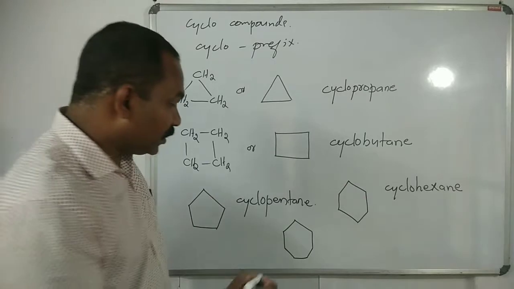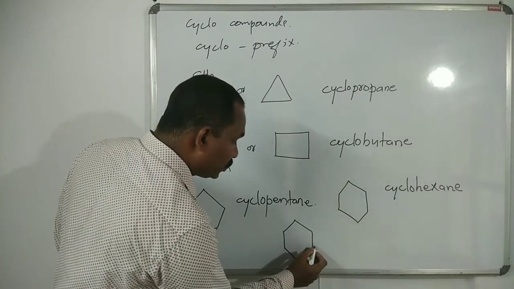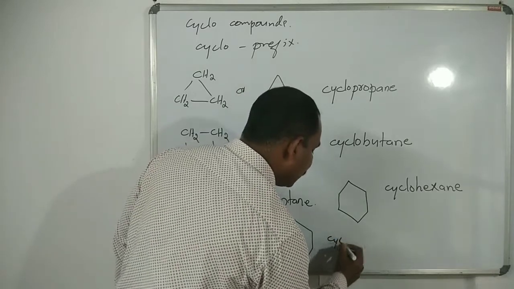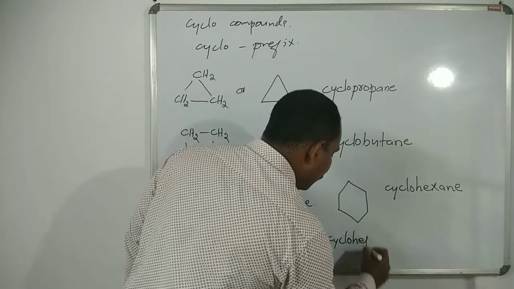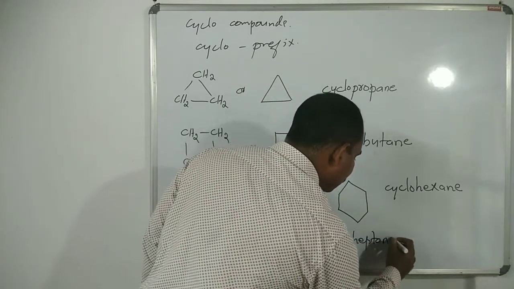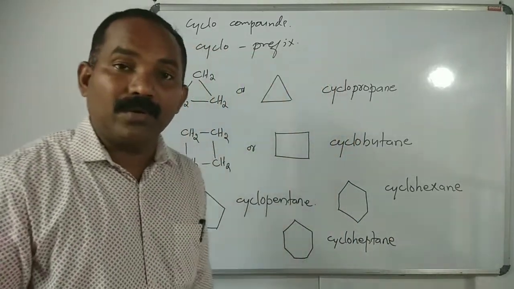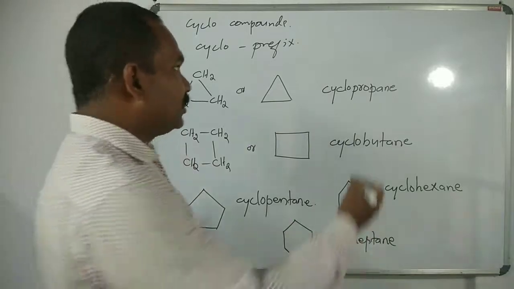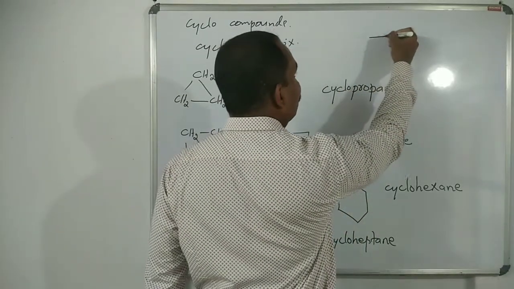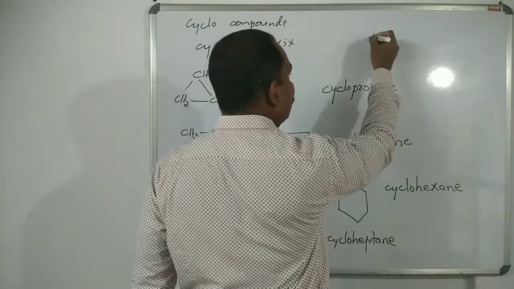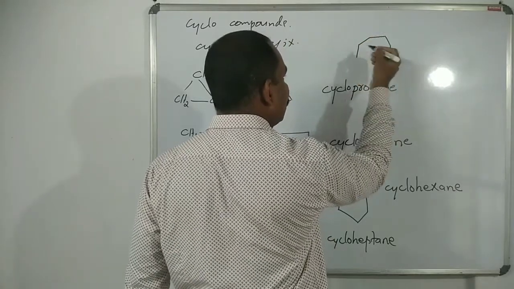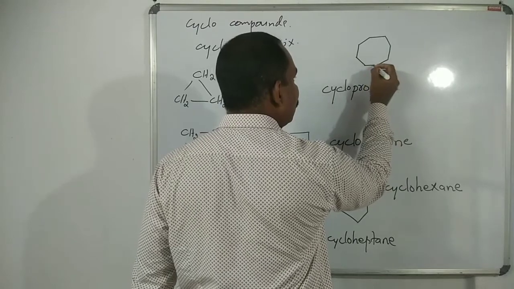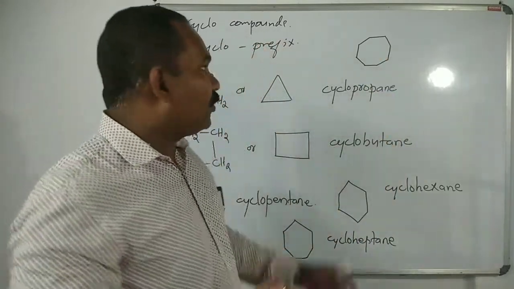Seven carbon atoms in the ring: 1, 2, 3, 4, 5, 6, 7. This is cycloheptane. Similarly, cyclooctane. How many carbon atoms?